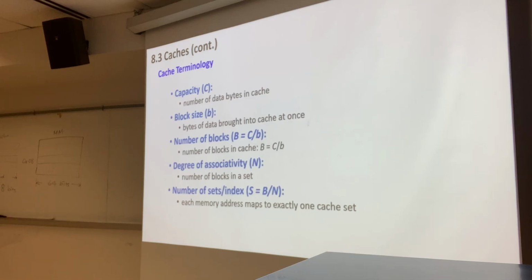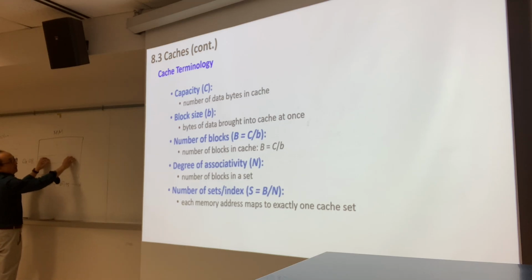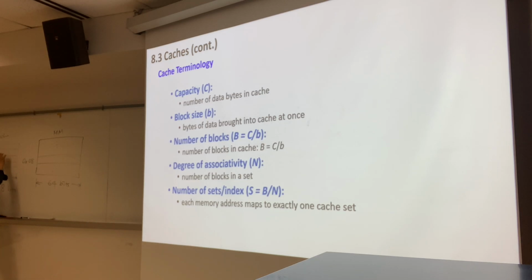So let's say we have 64 bits of main memory. When we say a block of memory brought into the cache, this is always the whole block. I don't care about the total number of bits. When we say bring the main memory to the cache, we always bring a whole block. And if this is 64 and this is the one word, we're going to define in our class, one word is going to be 4 bytes.